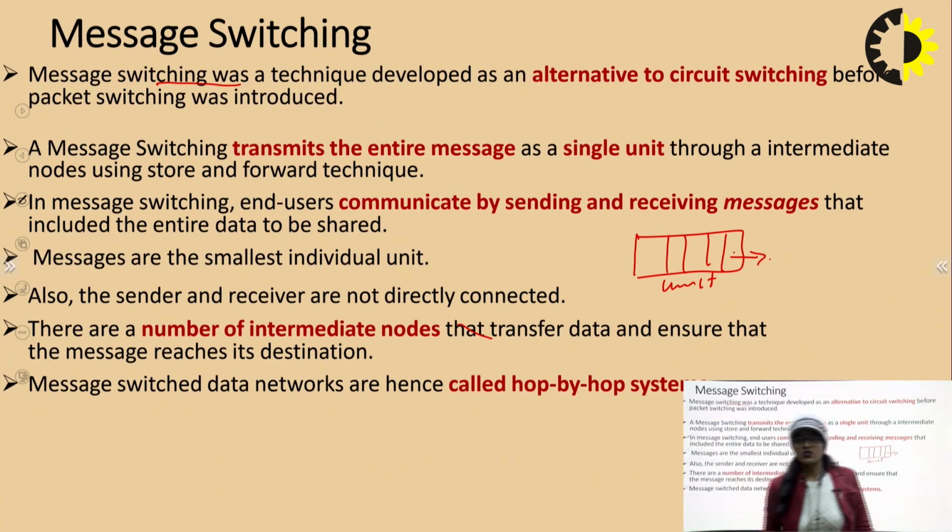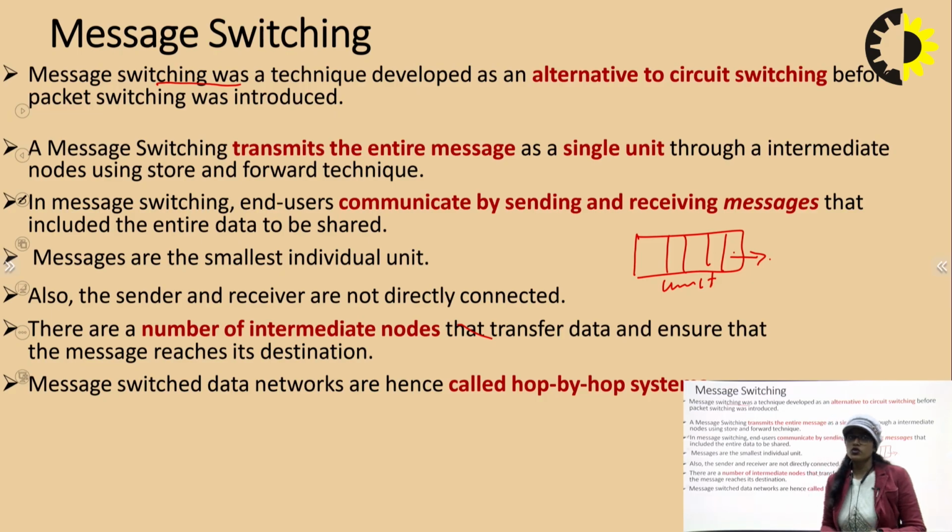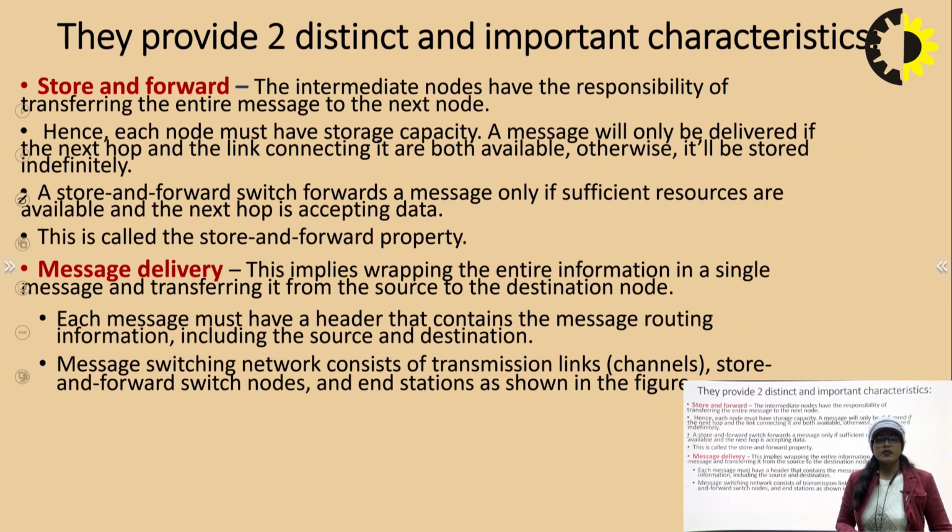So message switching is done using the store and forward approach. What is the meaning of store and forward? The intermediate node has the responsibility to transmit the entire message to the next node. Hence each node must have storage capacity.